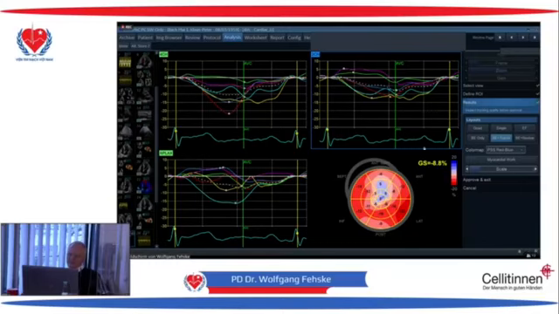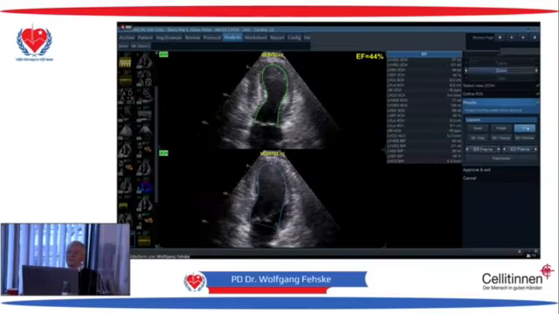This is a severely reduced global strain, and at the same time, looking for ejection fraction, the patient has 48%, which might give you the impression that the patient has only a slightly moderate reduced ejection fraction.